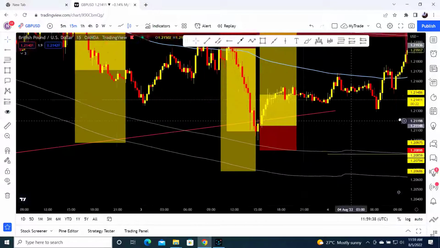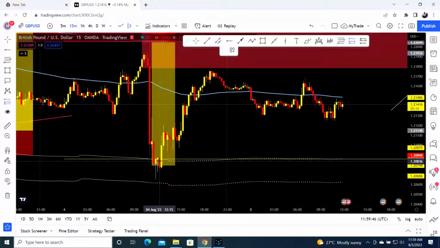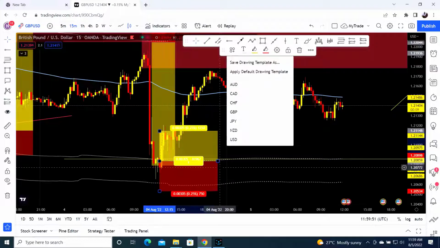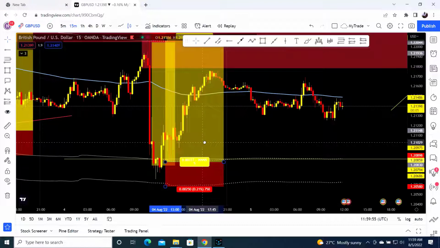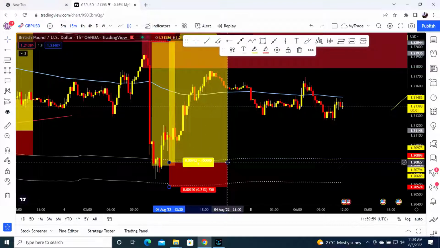Now, all these zones we are dealing with, when you draw blocks, you see that they are in line. You are going to buy USD like this and bring it here. Buy.